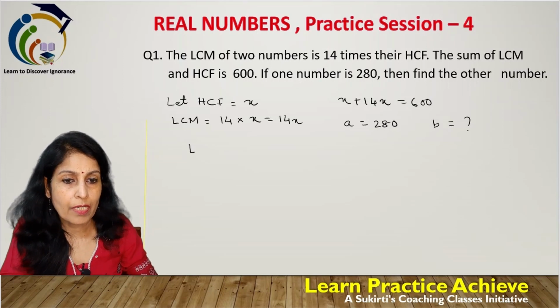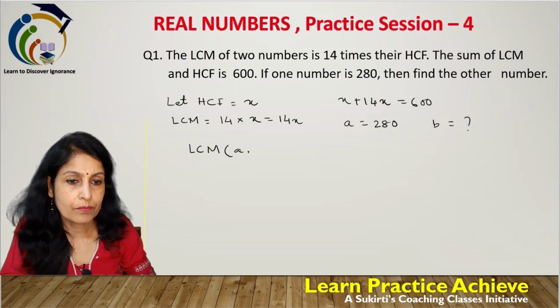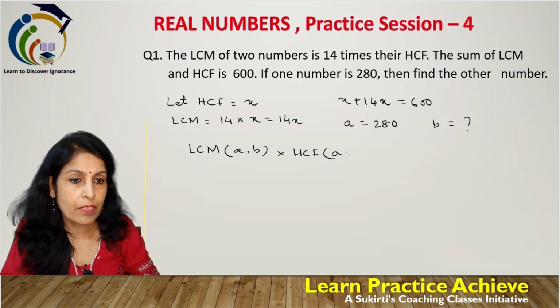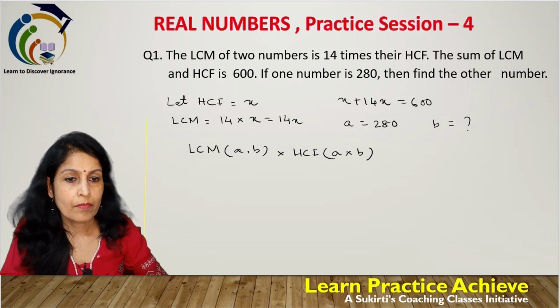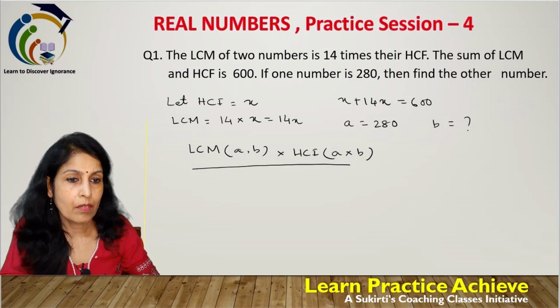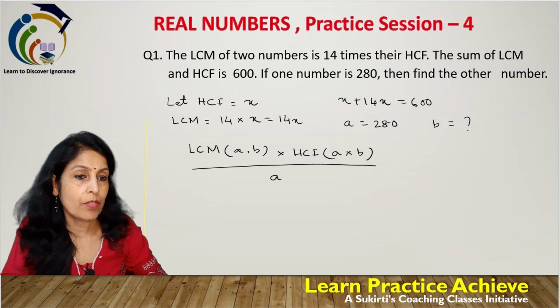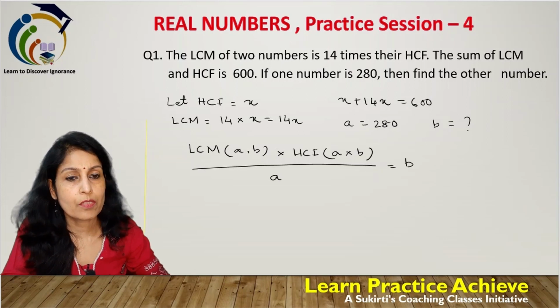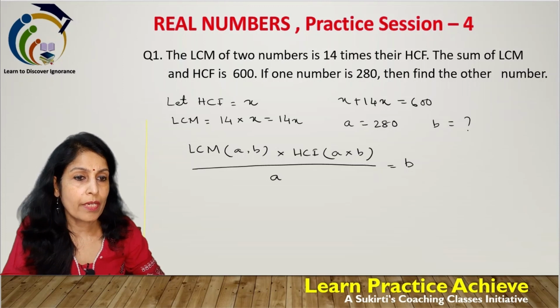The formula is LCM of A and B multiplied by HCF of A and B, divided by one of the numbers, suppose here we take A because the value of A is given, that is equal to the other number, that is B.